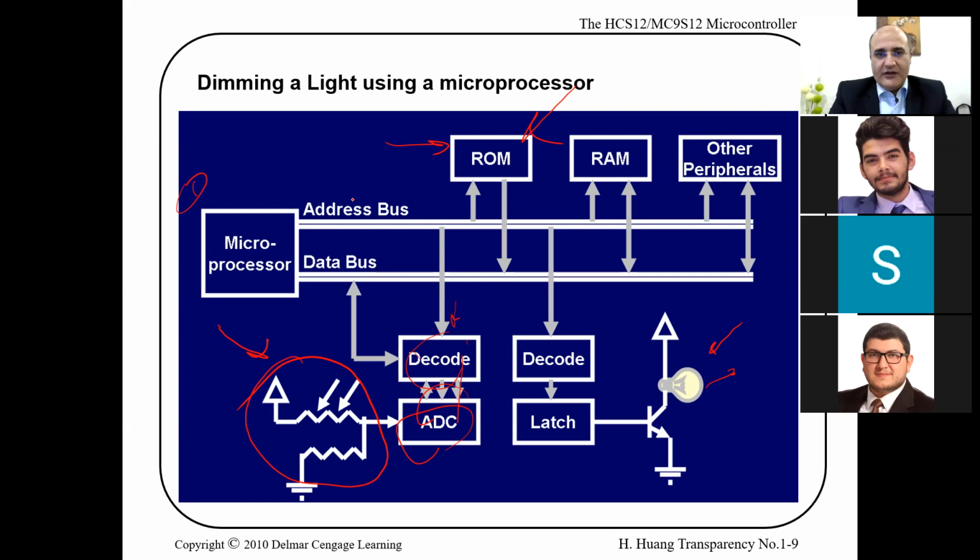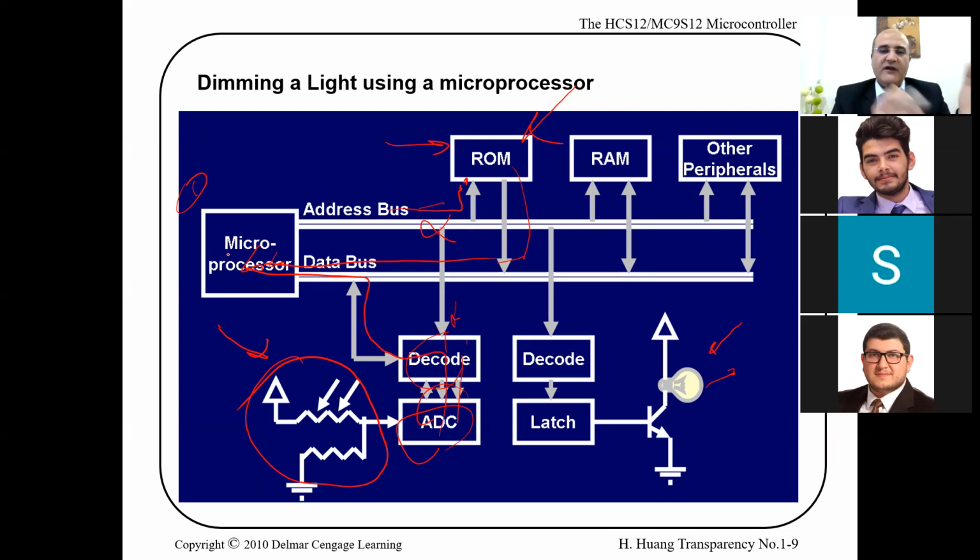The address bus puts the address of the first instruction, loads it to data memory, brings it to the processor, decodes it, understands that I need to read a sensor at address X. Then you write address X on the address bus, you select it, you read the data here, bring it.